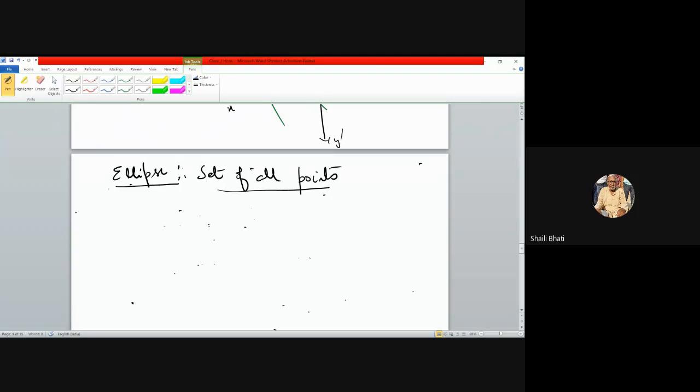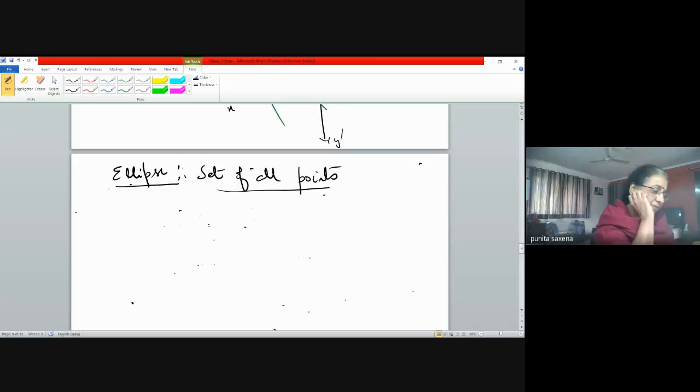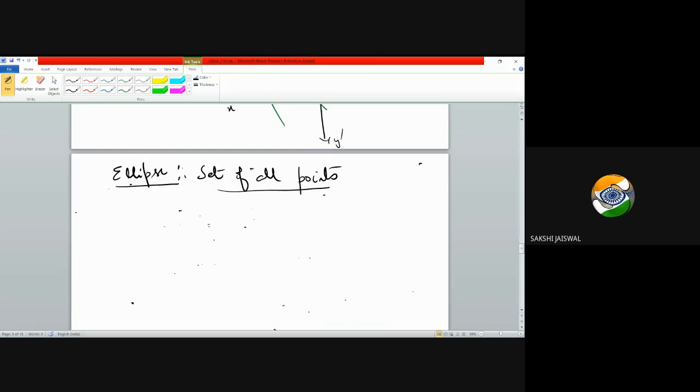Ratio of distance from a fixed point and the straight line. Not exactly that. चलो इसको बाद में करेंगे. The sum of the two distances to the focal points is constant.